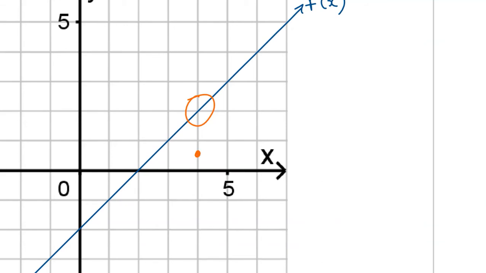When f is 2, g is 1 over 2. When f is 3, g is 1 over 3. So that's smaller than 1 over 2. When f is 4, g is 1 over 4. And when f is 5, g is 1 over 5.